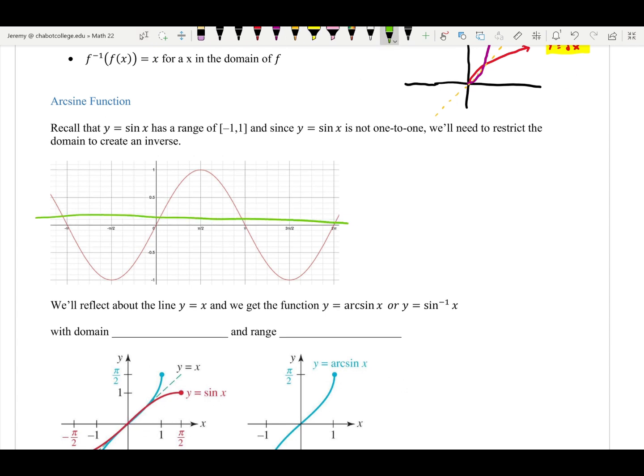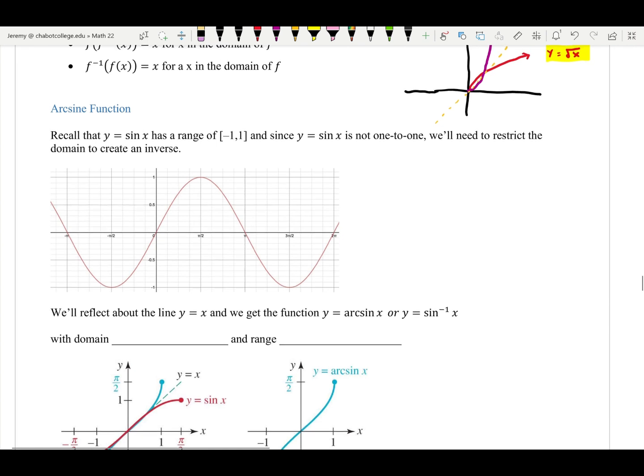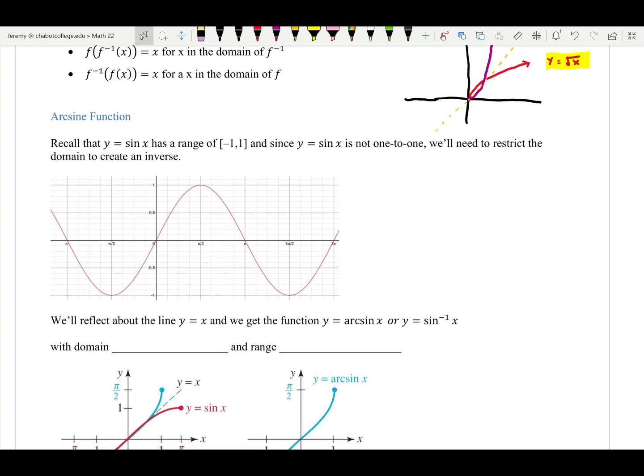If I draw a horizontal line, it's going to intersect it at infinitely many points, right? In order to have an inverse of a function, any horizontal line can intersect at 1 point maximum. So how do we want to restrict the domain of sine so that it is 1-to-1 and then we can create an inverse?